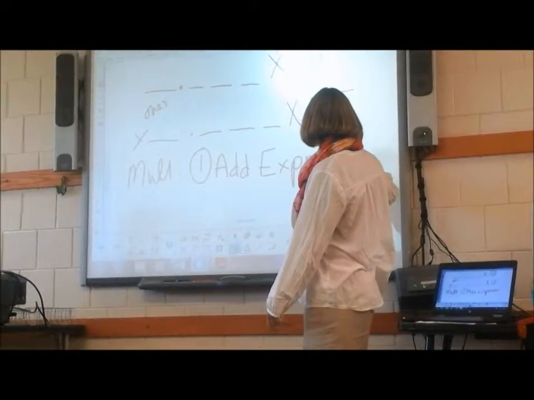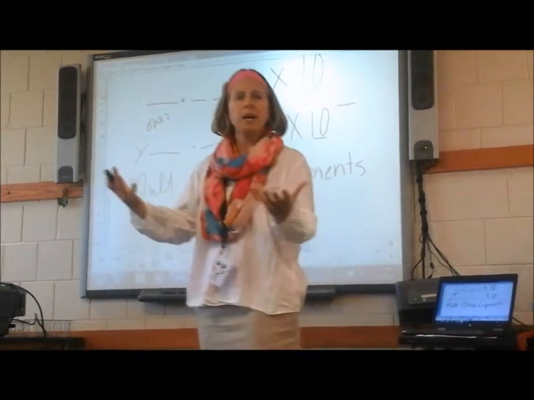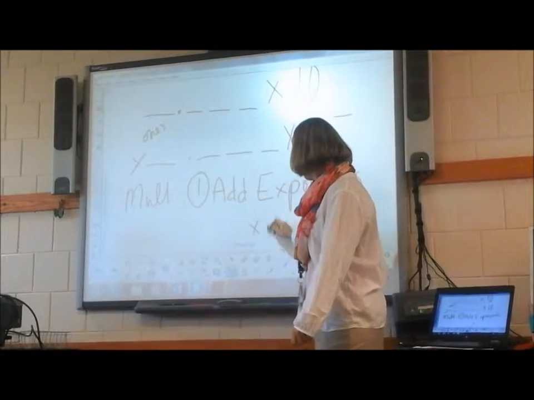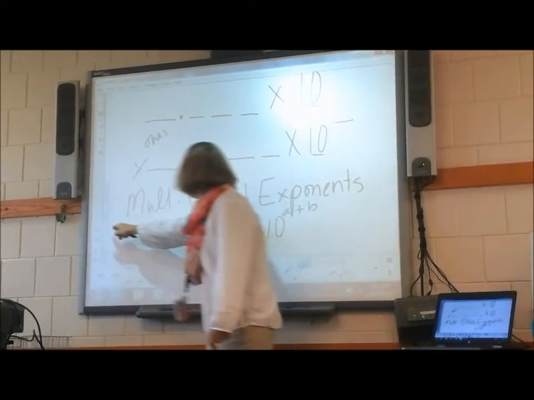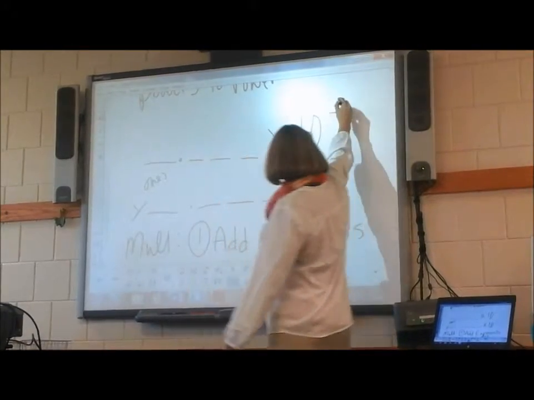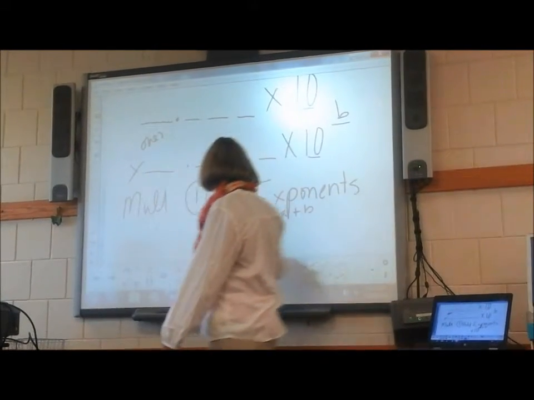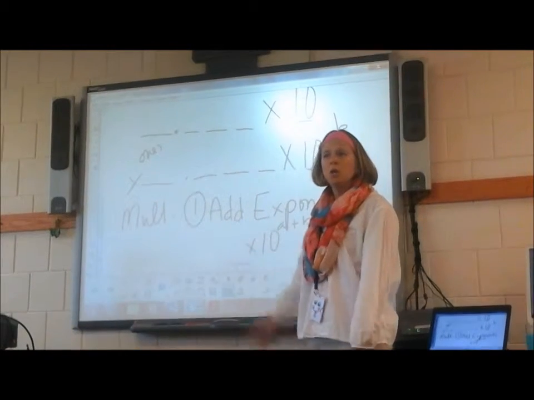Because you have two matching base numbers, you can add the exponents together. So in your answer, you get times 10 to the a plus b. One exponent is a, the other is b. You add the two exponents to get the exponent in your response.